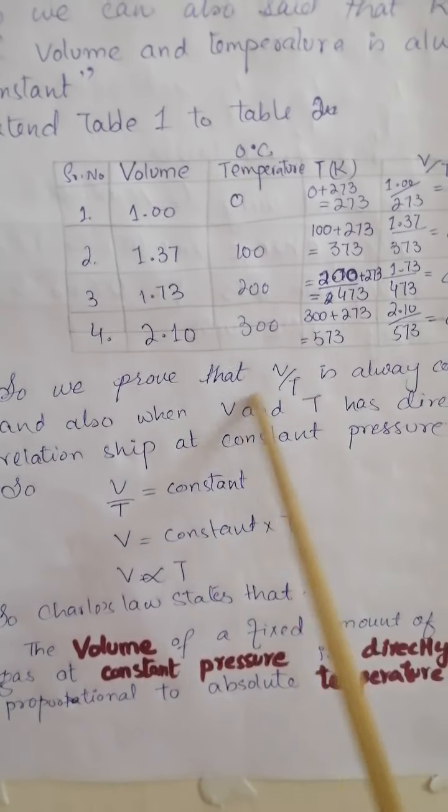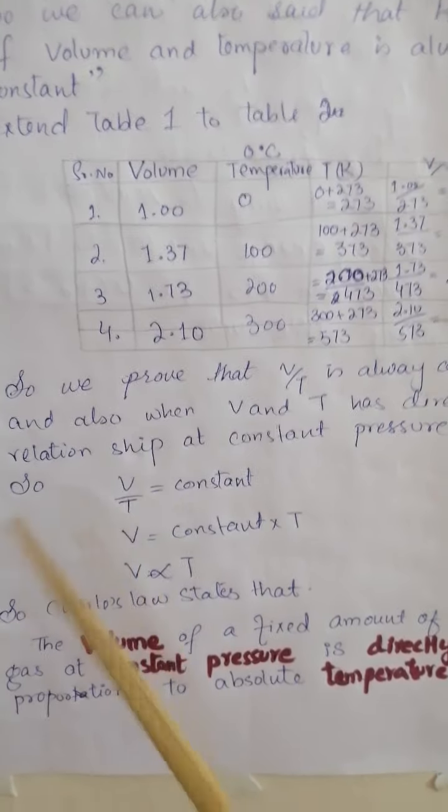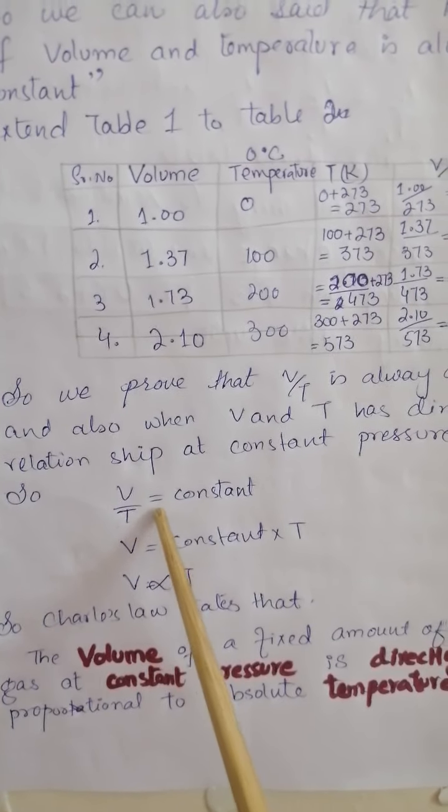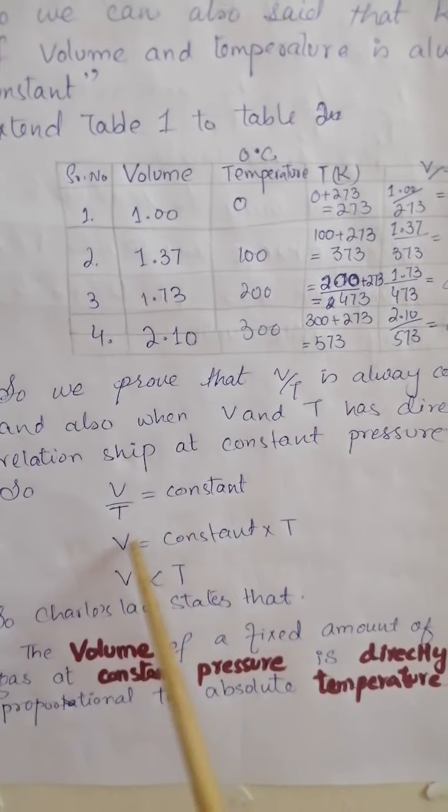To check this statement, we alternate the first derivation, which is V by T is equal to constant.